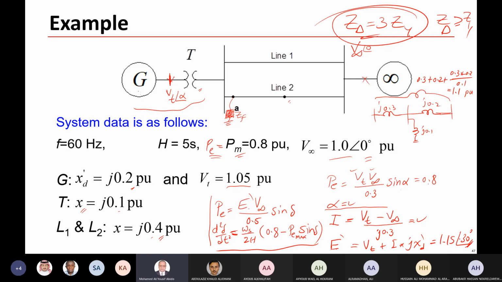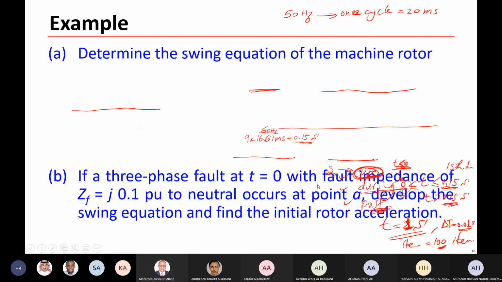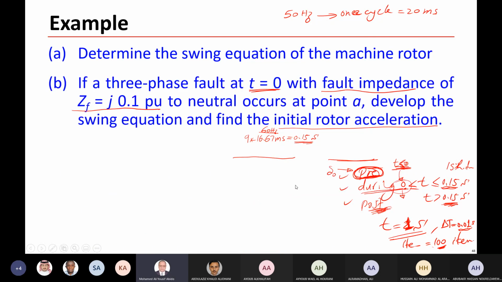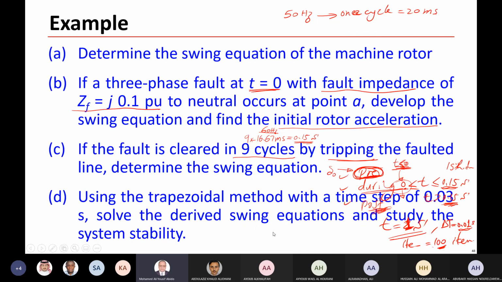So this is the initial value, delta 0. This is the initial value where we can start solving the during-fault swing equation. Is it clear? Yes, it's clear. Okay.